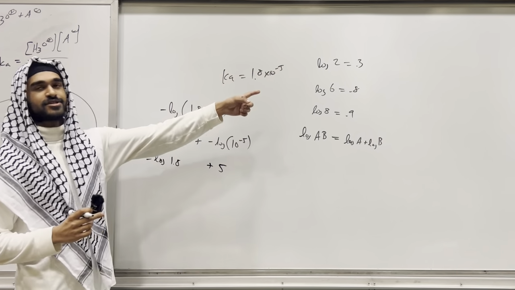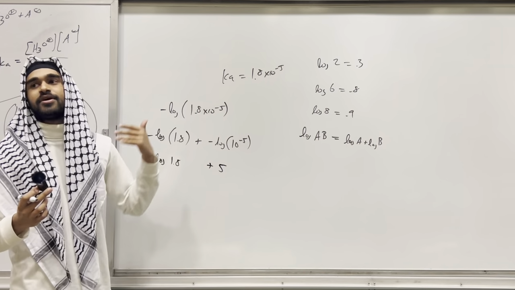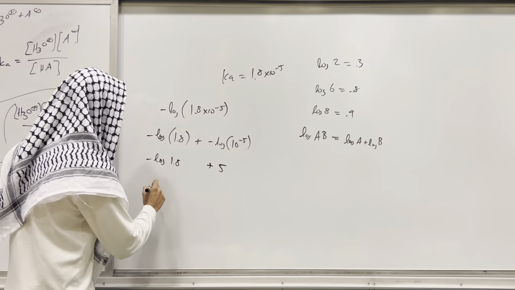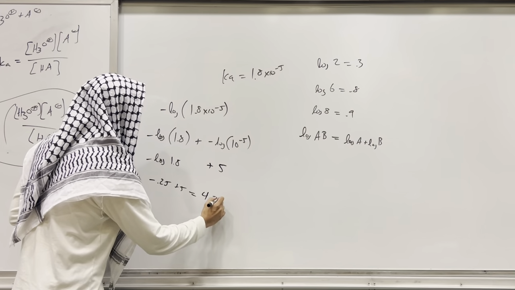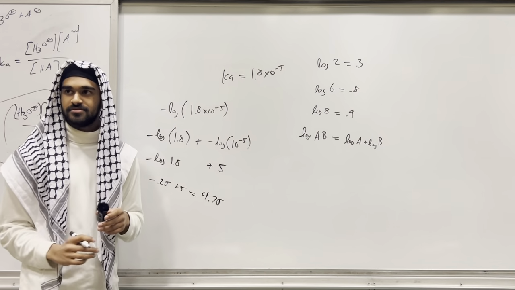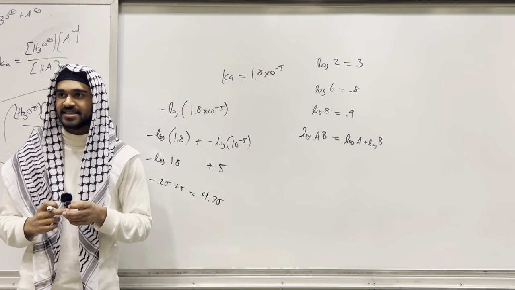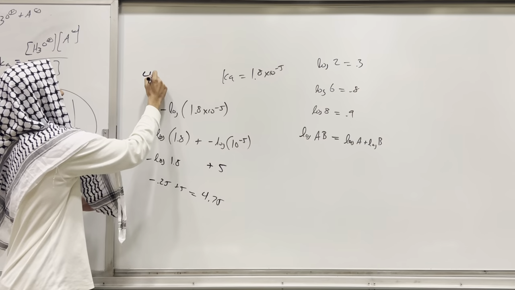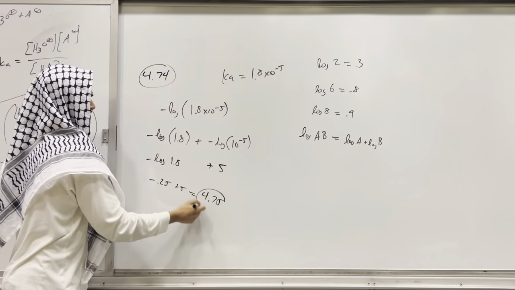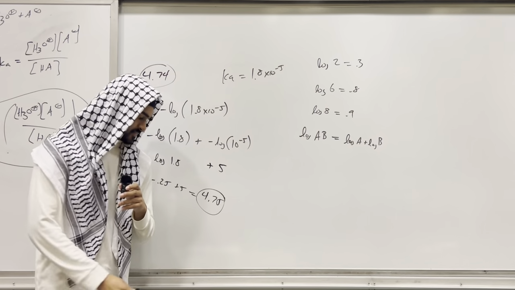Well, the log of 2 is 0.3, so it's going to be slightly less than 0.3. Let's say it's 0.25. Negative 0.25 plus 5 is 4.75. You go on your iPad and look up the pKa of acetic acid: 4.74. Are we that far off? No, we're not. There's no calculator on that.